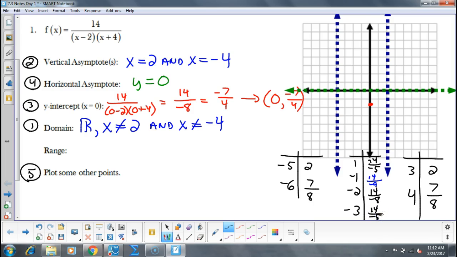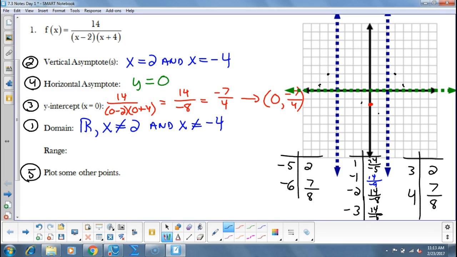Okay. So, plotting these points then, there, and there, there, and there. It's up a little higher. Okay. And then down in here, 14 over negative 5, that's what? Almost negative 3? Negative 2.8? And then we went up to there, and then we went to like 1.5, right?